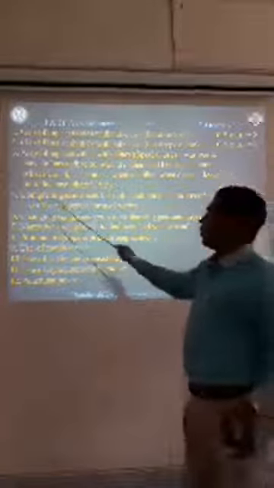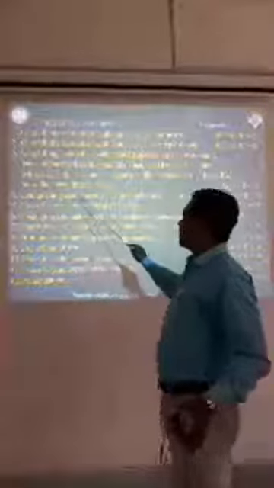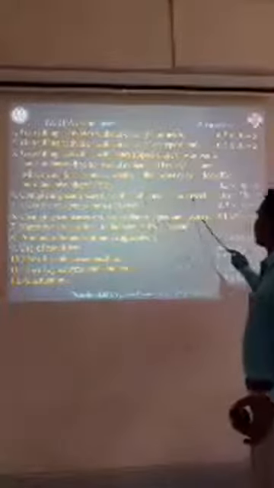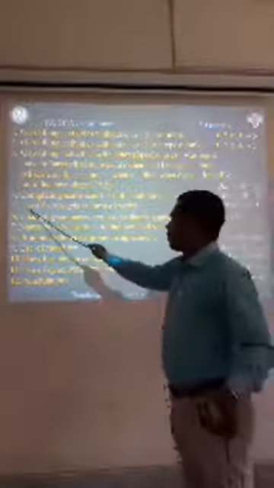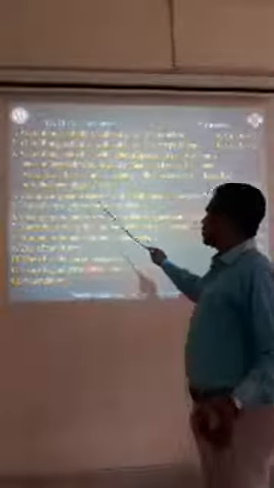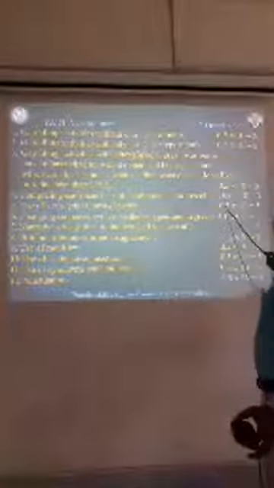Number 4, completing sentences, use the conditionals, phrases or clauses, that also will bear 5 marks, 0.5 into 10 equals 5. Number 5, use of verbs, right forms of verbs, that is 0.5 into 10, equal to 5.